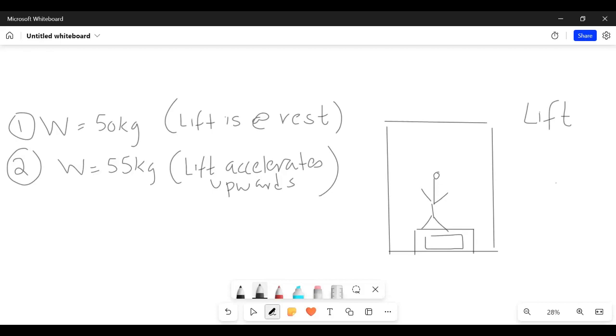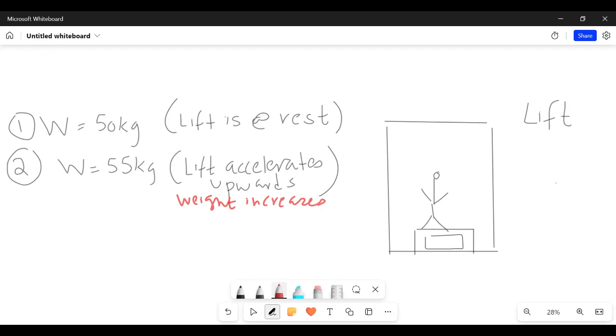So the observation is that the weight increases. Okay, so the lift was originally at rest, then it started to move upwards, it started to accelerate, and the person noticed that the weighing scale is now showing more weight.